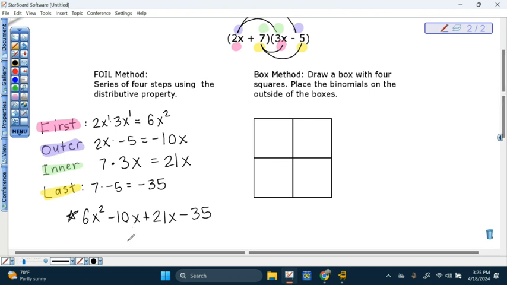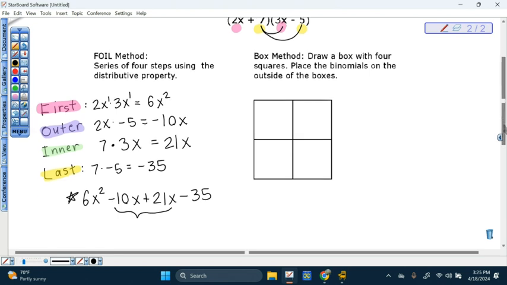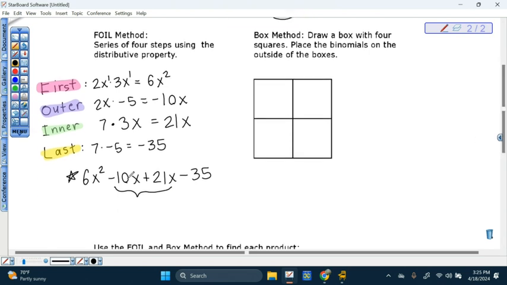Yeah, why can I add these two together? Yeah, same letter with the same exponent, right? Good. These are like terms. So I've got 6x squared, and then what's negative 10x plus 21x? Yeah, positive 11x, and then minus 35. And that's it. That's your answer.